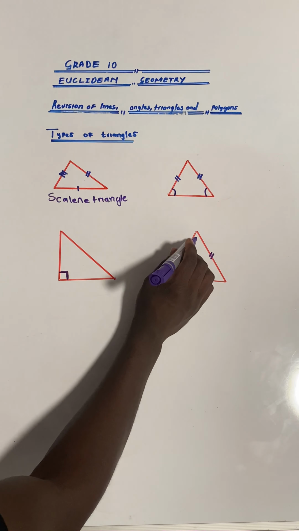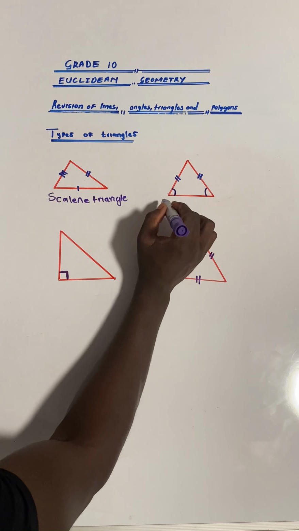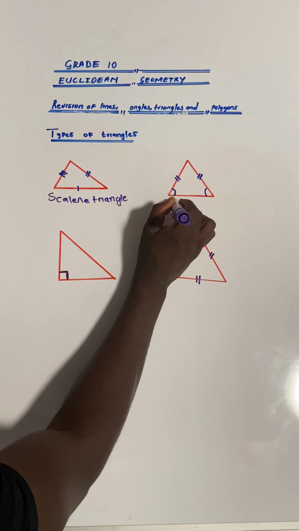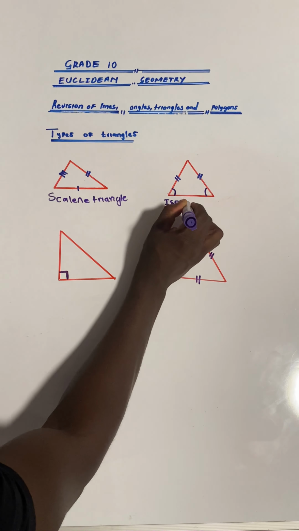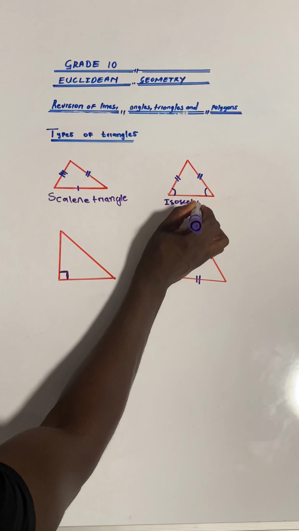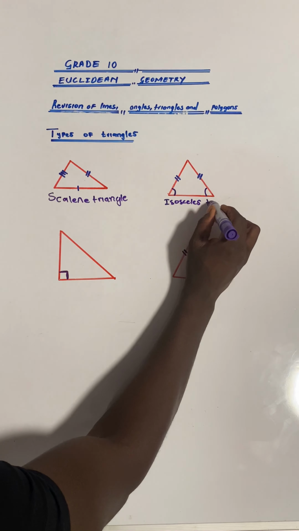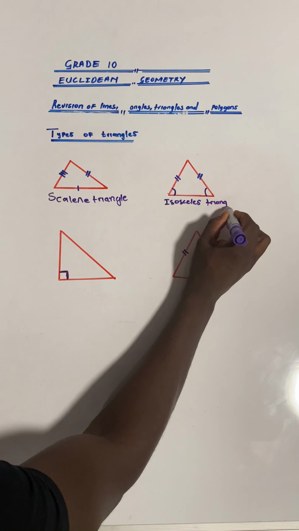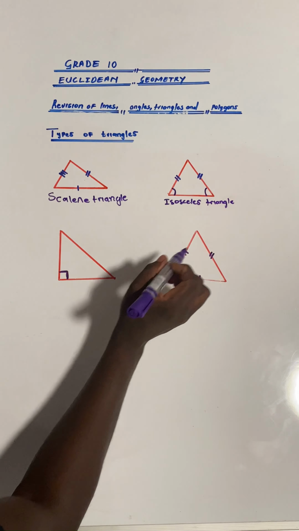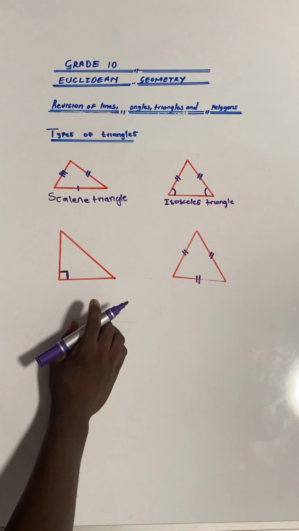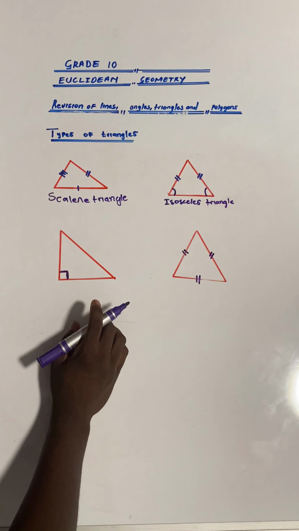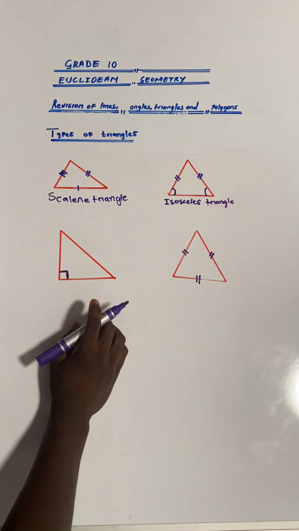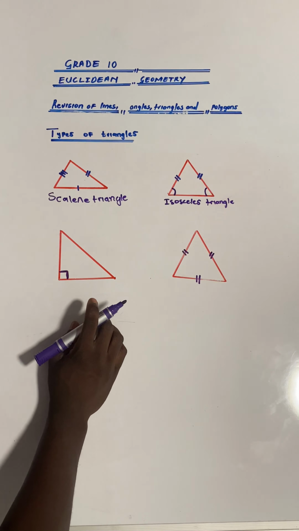This type of triangle is called an isosceles triangle, right? So please make sure you know all these types of triangles by heart. They must be engraved in your heart and mind. Anytime they ask you to state this, make sure that you are fully aware of what it is, right?